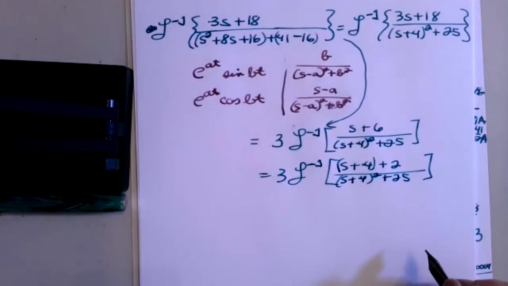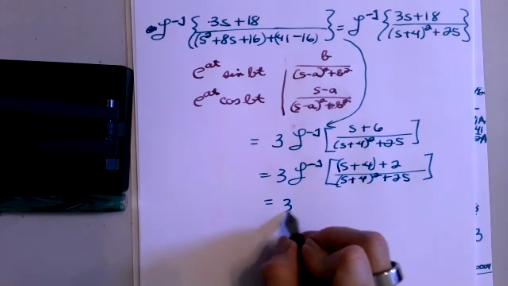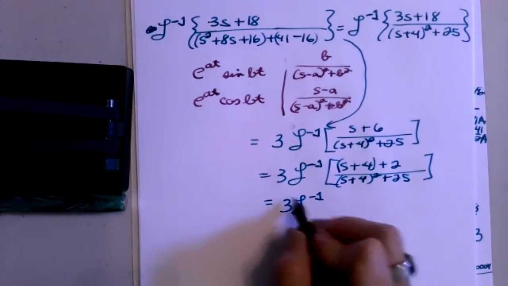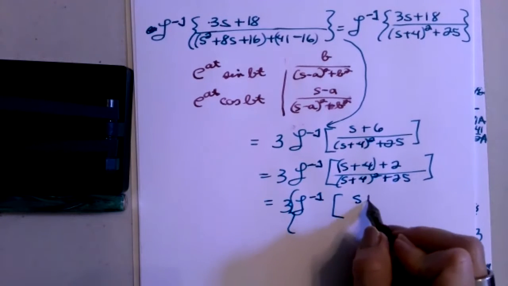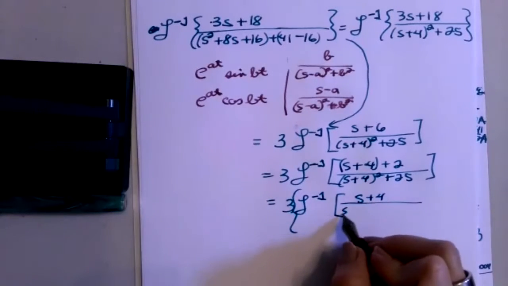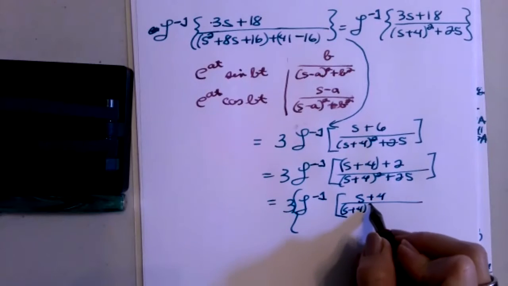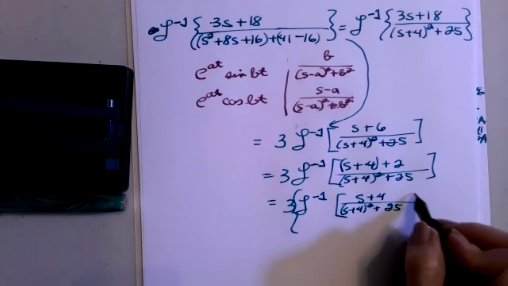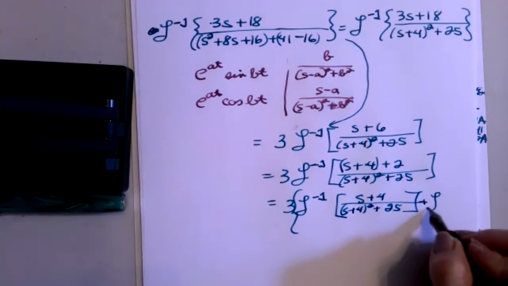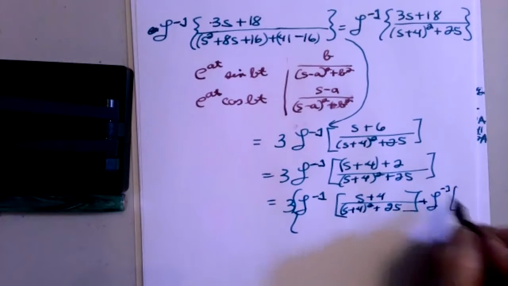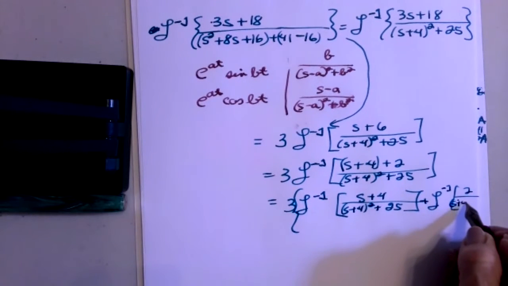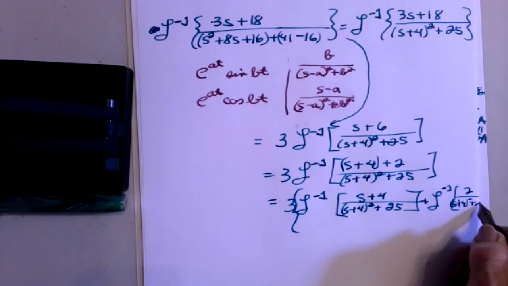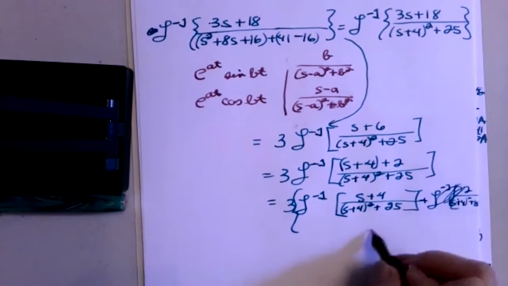So now I can think of this as 3 times L inverse of, the 3 is going to be times all of it, s plus 4 over s plus 4 squared plus 25, plus an L inverse of 2 over s plus 4 squared plus 25.